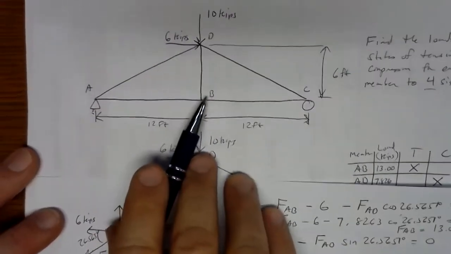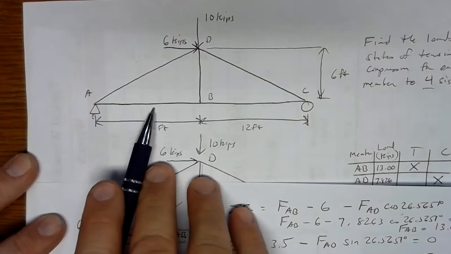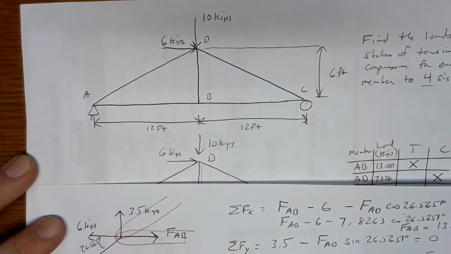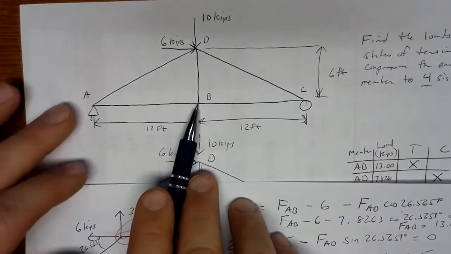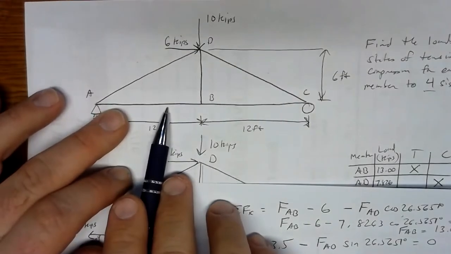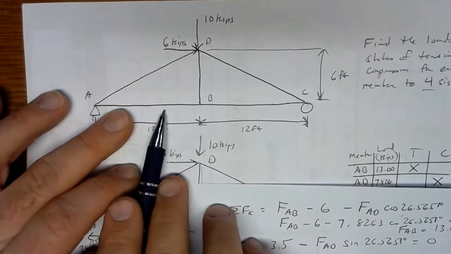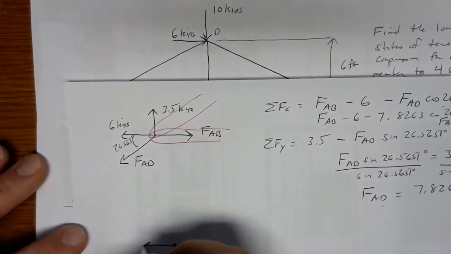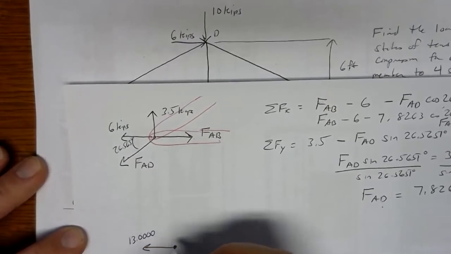We know one of the forces at joint B. We know what member AB is doing. So member AB is in tension, and members in tension pull their joints inward. So A went to the right, B goes to the left. So joint B feels a force to the left of 13.0000 kips.